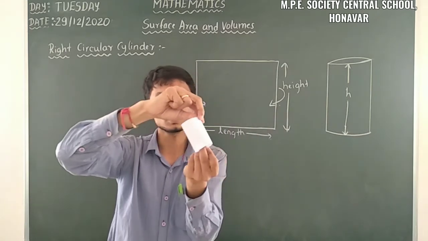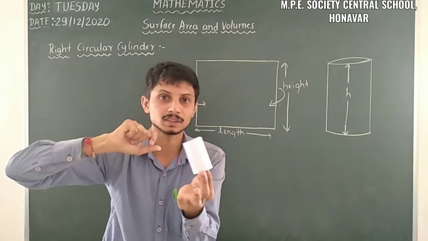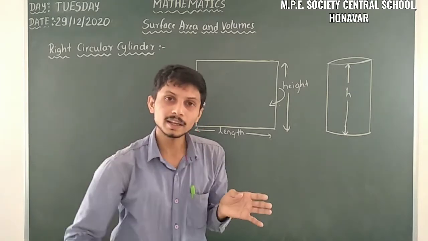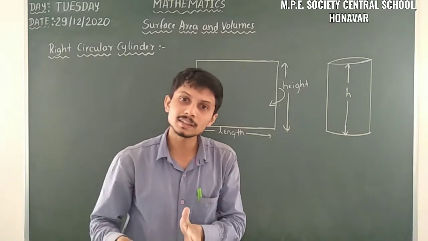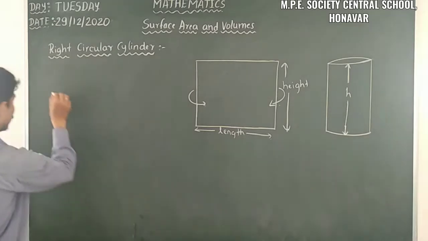Using that, we constructed a cylinder. That part becomes a curved surface. So we can take the curved surface area of the cylinder as equal to the area of this rectangle.